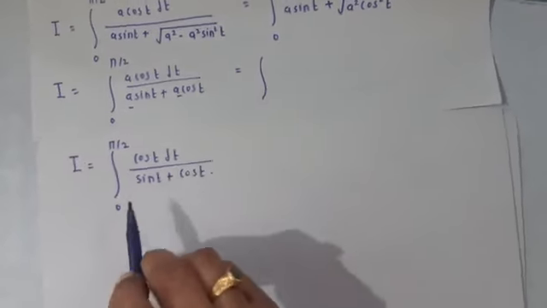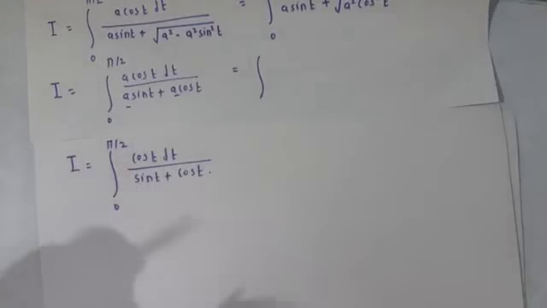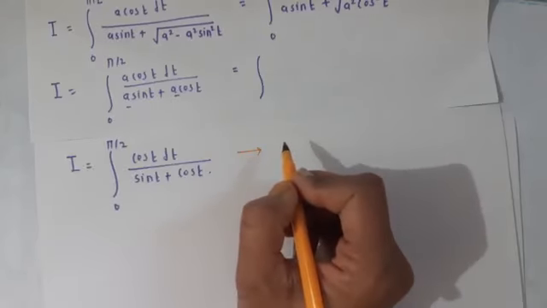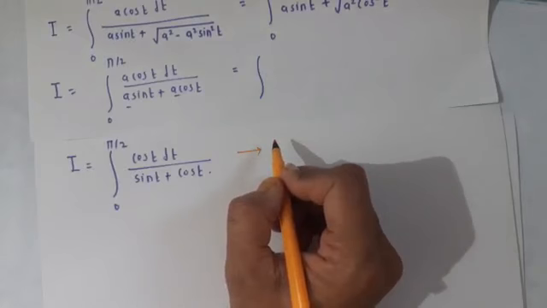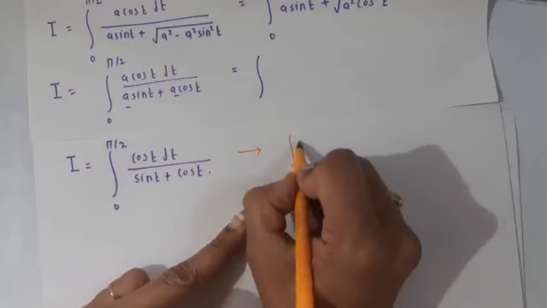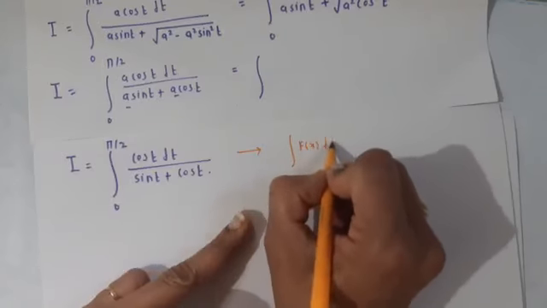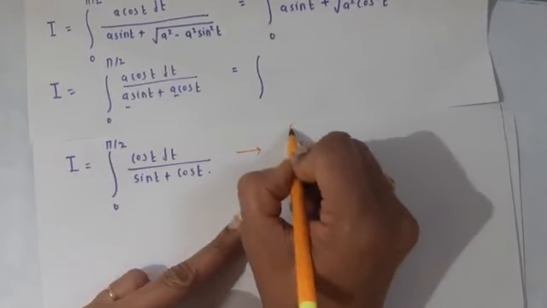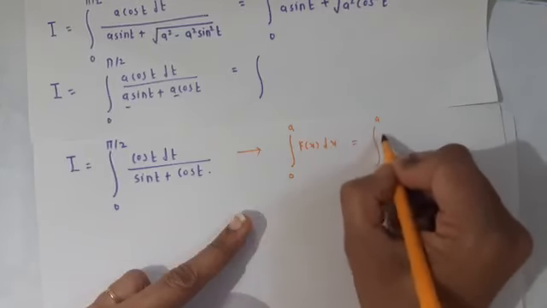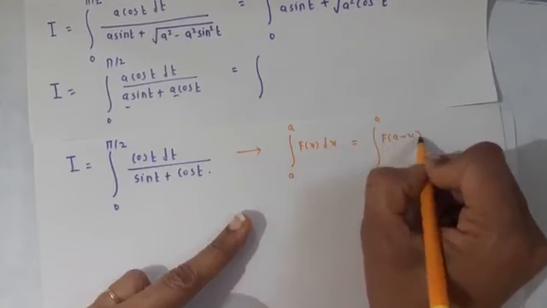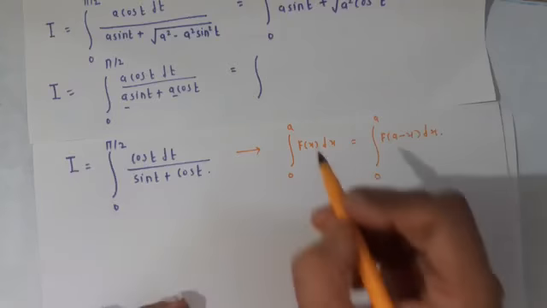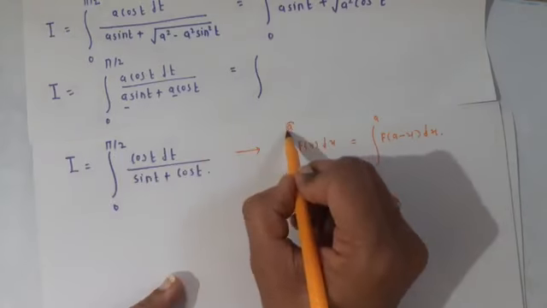The limit of integration is 0 to pi by 2. Now by using a property of integration you can solve the problem easily. The property is that the integral of f(x) dx from 0 to a equals the integral from 0 to a of f(a minus x) dx. By using this property, here a is the upper limit.